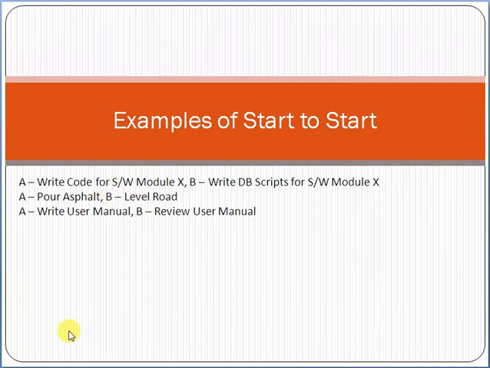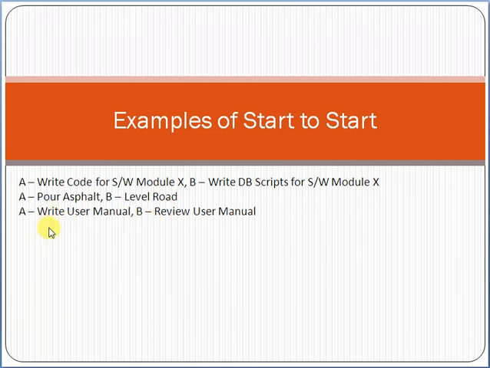Another example: activity A is write user manual for a software module, and activity B is review user manual. What does that mean? Try to understand: B has a dependency on activity A. Once you start writing the user manual, only then the reviewing of the user manual will start. Activity B will start only once activity A starts.